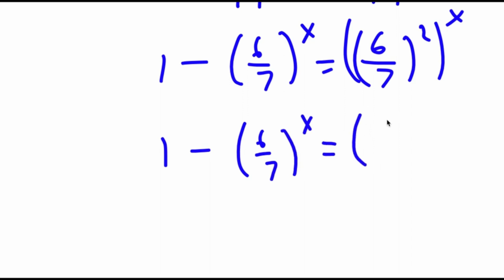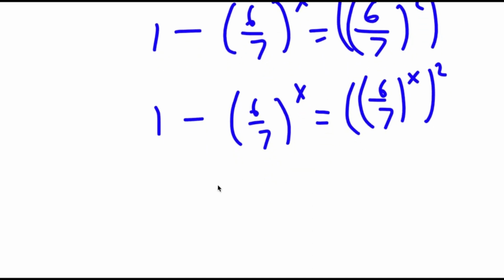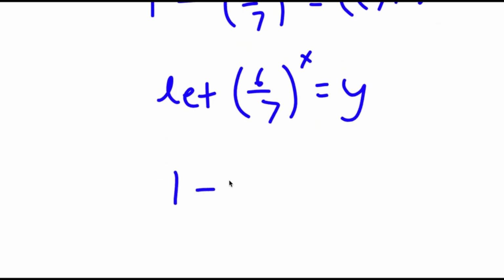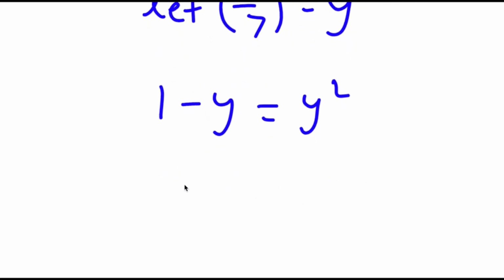So this is the same thing as 6 over 7 to the power of x squared. Now I'm going to let 6 over 7 to the power of x equal the variable y. So now I have 1 minus y is equal to y squared. And this is the same thing as y squared plus y minus 1 is equal to 0.